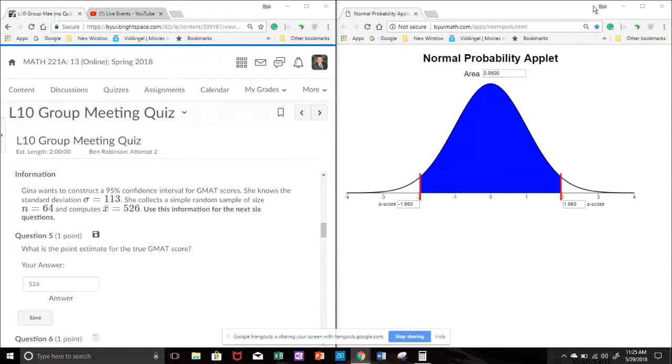The point estimate for the true GMAT score. You don't have to read it out loud, just to be caught up with the question we're on. This part here, Gabriela, is for the next few questions, so just make sure that you have that.